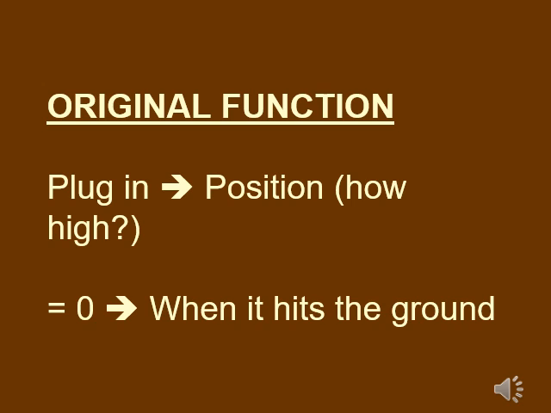So just to summarize quick, again, the original function, if you plug into it, it'll tell you the position or answer the question, how high? That's just plug into the original function. If you set the original equal to 0, it's when does it hit the ground? When is the height, the position, 0?